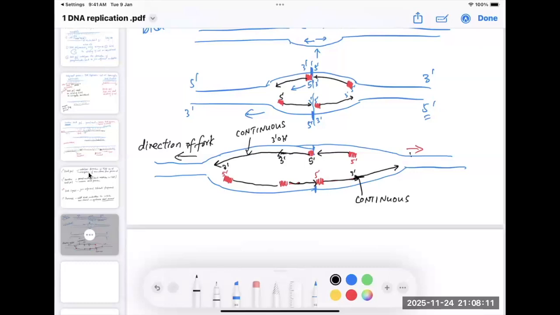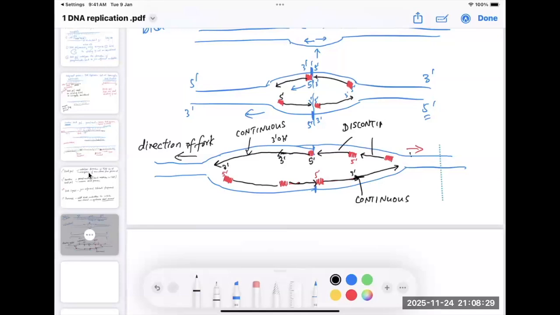Okay, now the top one. You need a new primer. Then only they elongate. Okay, so this is discontinuous.